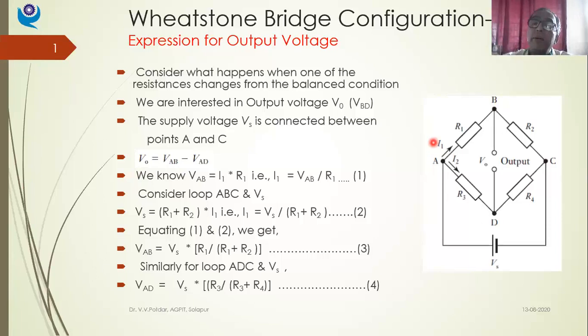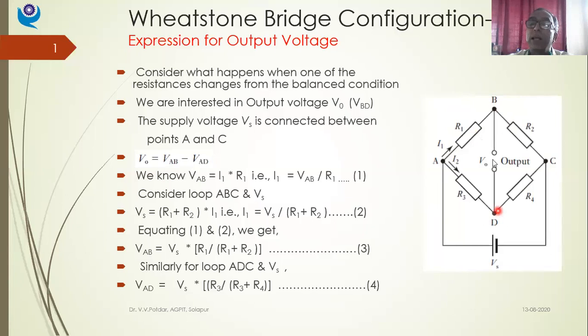So what has happened now? R2, R3 and R4 are same, but R1 has changed. Now what happens? The bridge becomes unbalanced, isn't it? So what do you mean by unbalanced? Because of change in resistance, the potential at B and potential at D will no longer remain same.